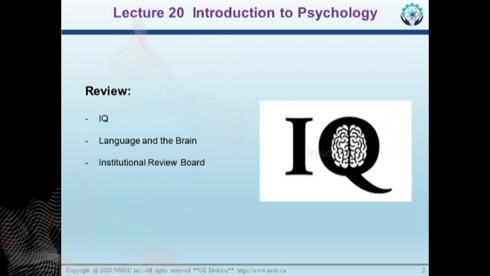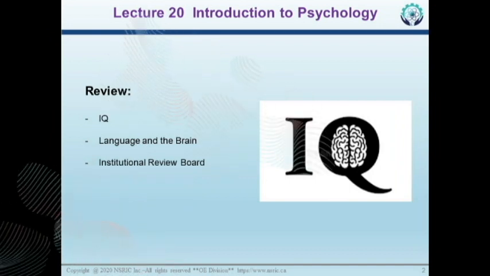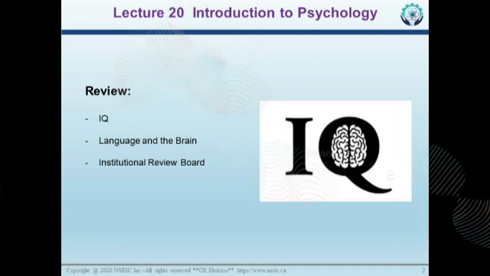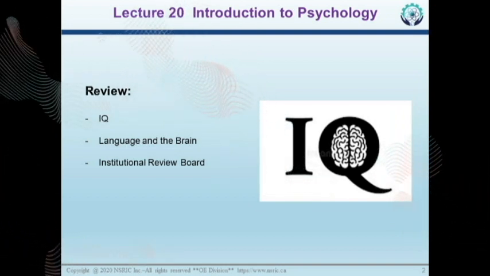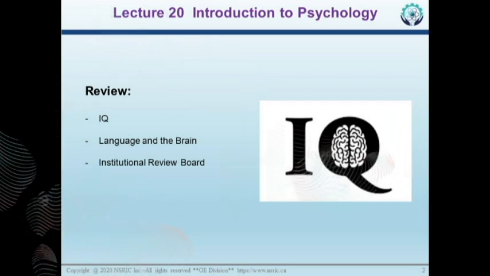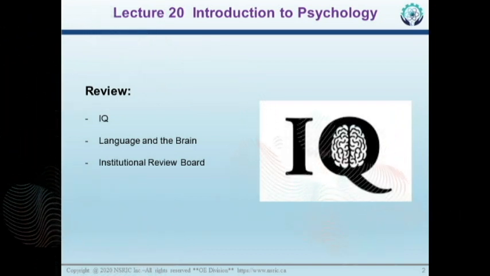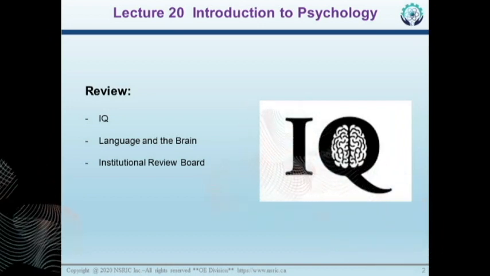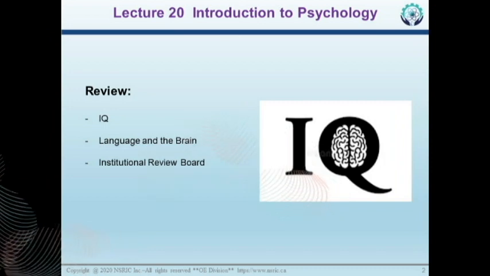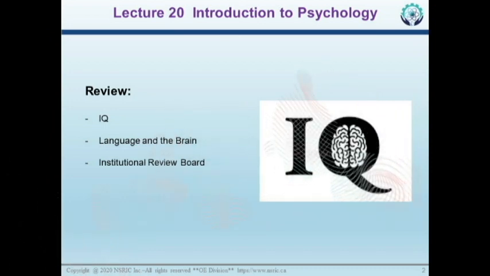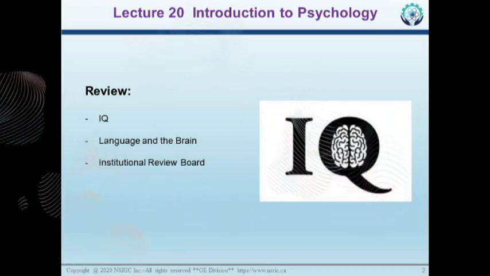So a key safeguard to ensuring the ethical conduct of research is the Institutional Review Board, or IRB. Remember, the IRB is a committee made up of individuals from a diverse background, including scientists, non-scientists, clergy, community members, ethicists, who are responsible for reviewing and approving research proposals before they are conducted.